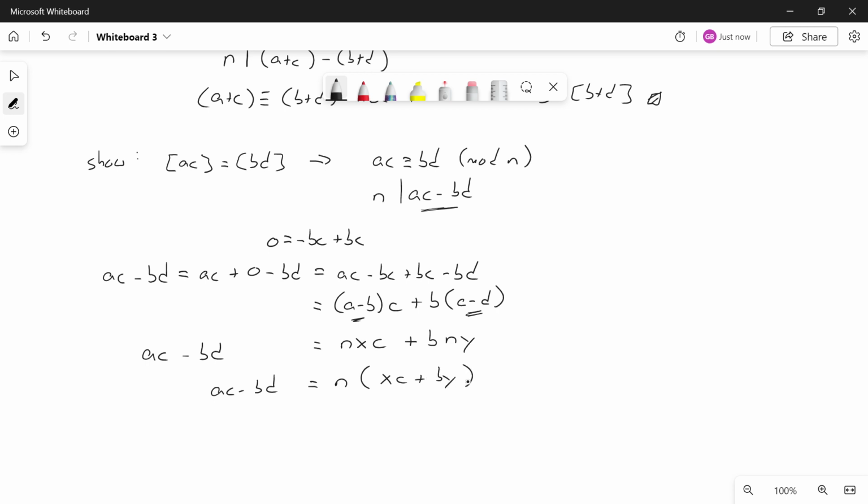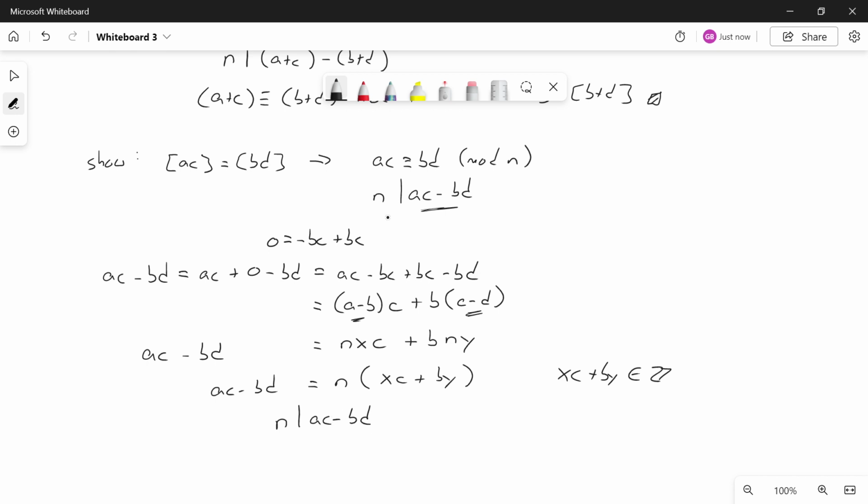Now XC and BY, these are all integers. So if I multiply two integers and then add the two integers, it's still an integer. So XC plus BY is an element of Z, which means AC minus BD is just a multiple of N. So that means N divides the difference between the two, AC minus BD.